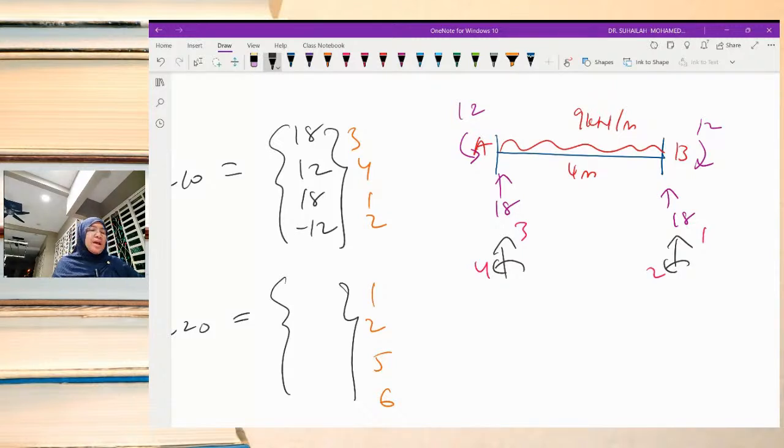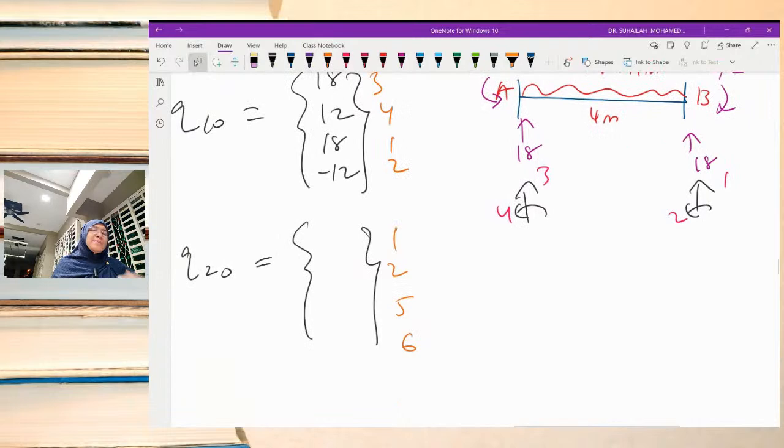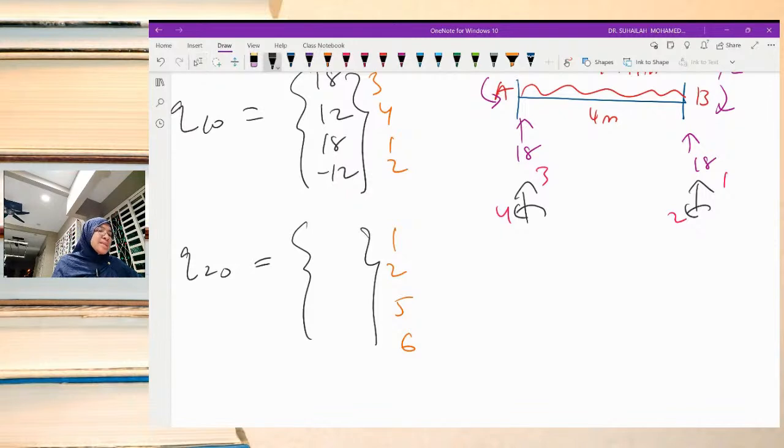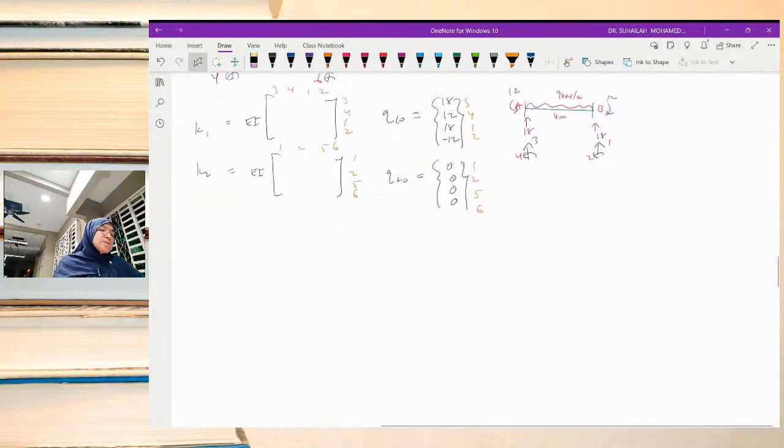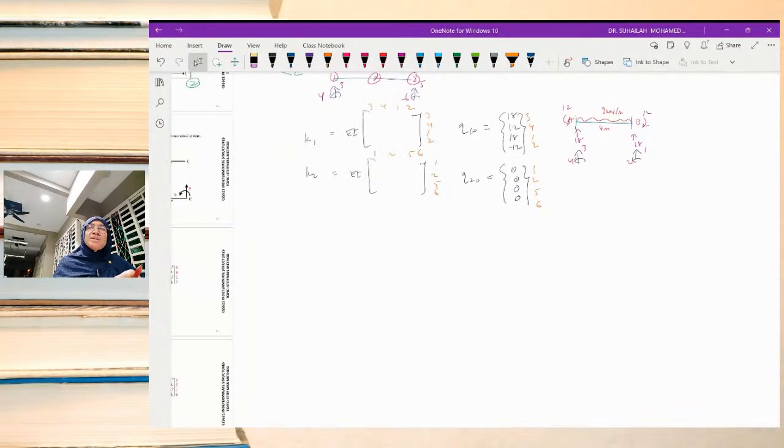For element number 2, there is no point load and no UDL, so all of these will be 0. So the Q1 node and Q2 node we combine to produce the structure's equivalent nodal forces.